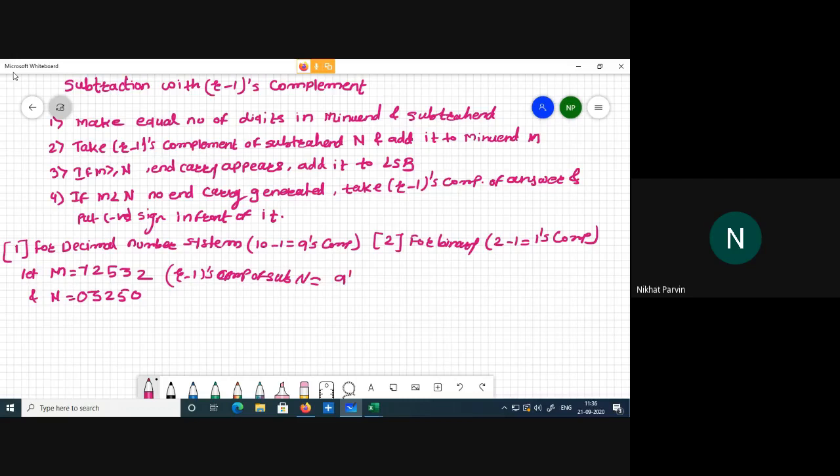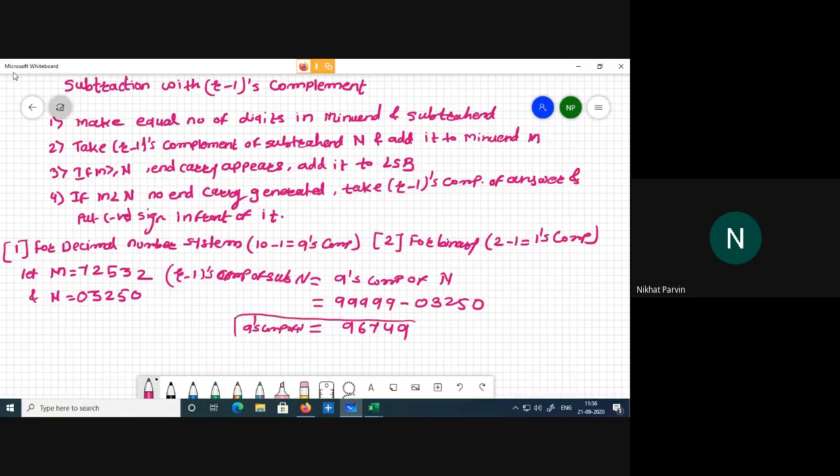That means the 9's complement of n. This is how we calculate the 9's complement: if you subtract this, your answer will be 96749. This is the 9's complement of n.